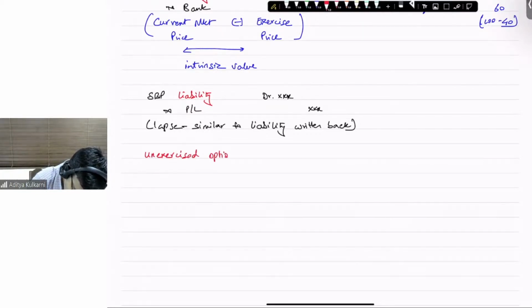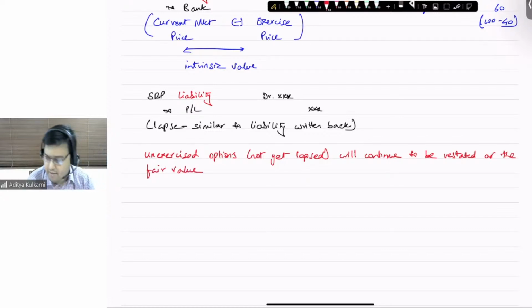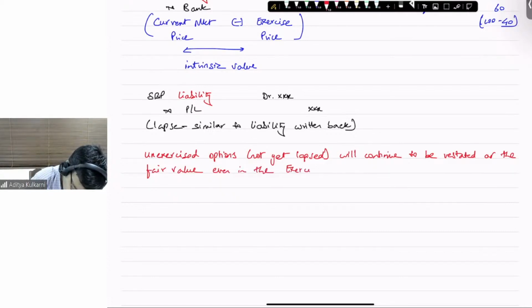Unexercised options not yet lapsed will continue to be restated at the fair value even in the exercise period until the options get exercised or lapsed.